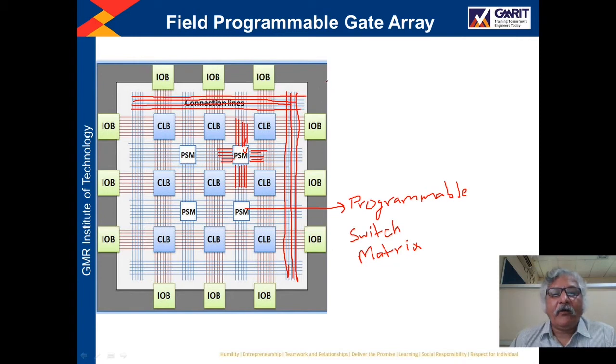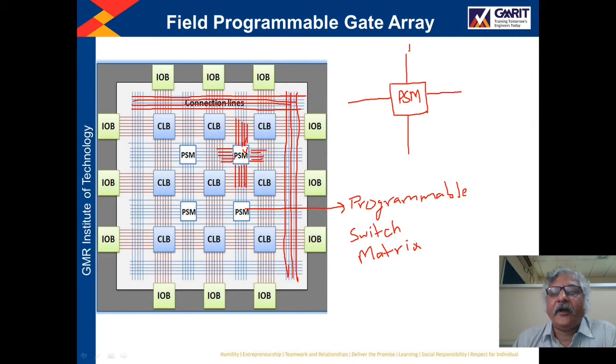Okay. Now what is the purpose of this PSM, programmable switch matrix? The purpose of this PSM is to route the signal. Now take one example. Suppose this is a vertical wire coming to one PSM, programmable switch matrix, and these are the horizontal wires.